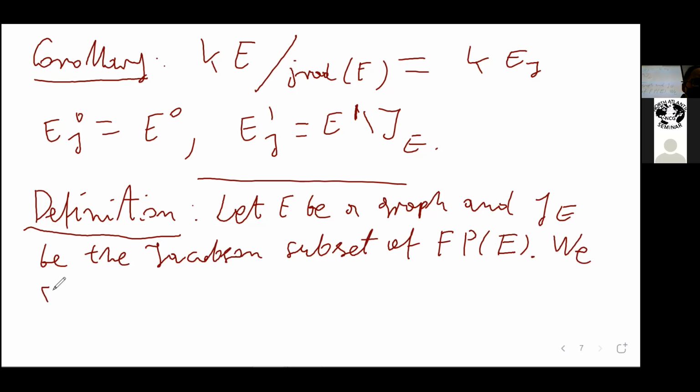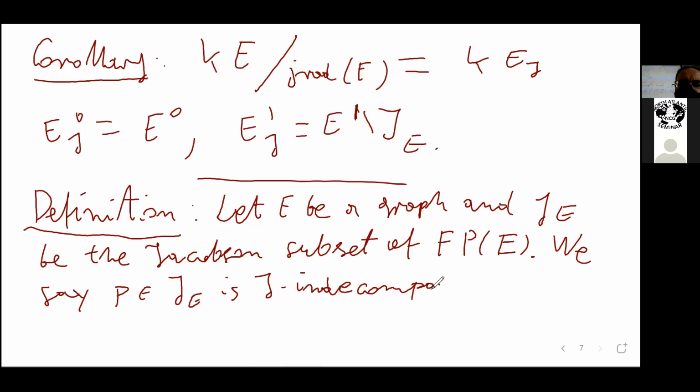We say that a path in the Jacobson subset is J-indecomposable, so that's our definition, whenever you have the following implication.